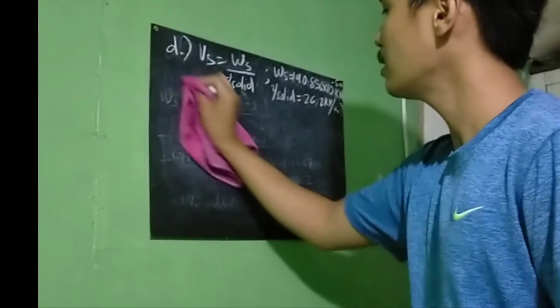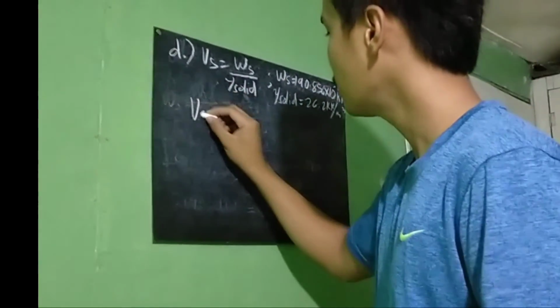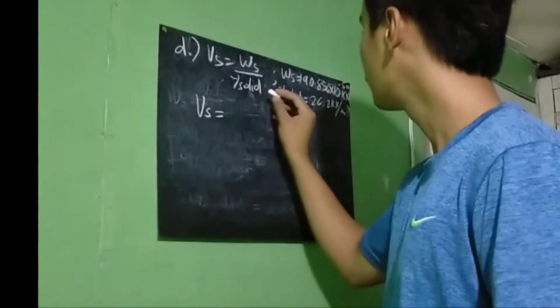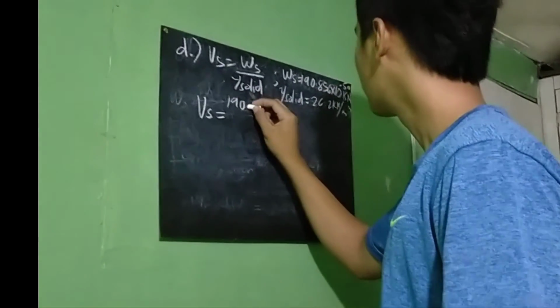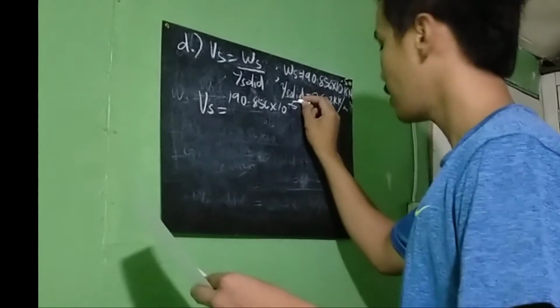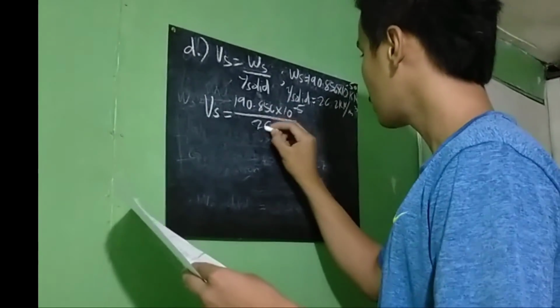Then substitute into the formula to get the volume of solid, which is equal to 190.856 times 10 to the power of negative 5 over 26.2.